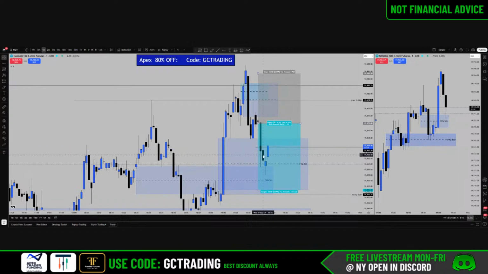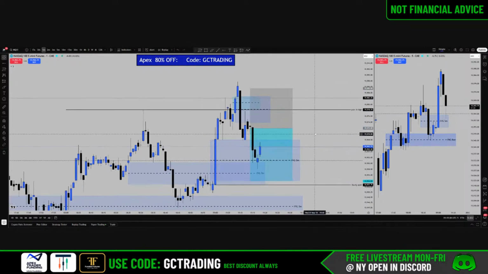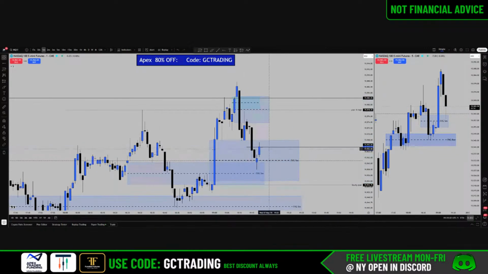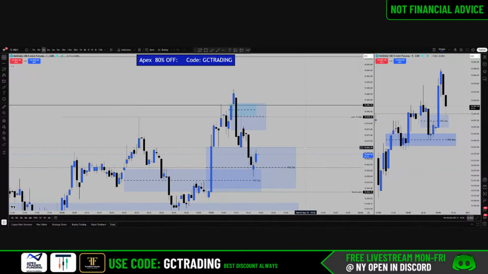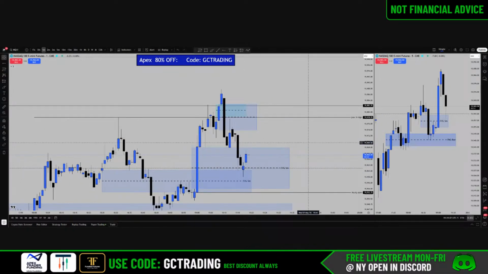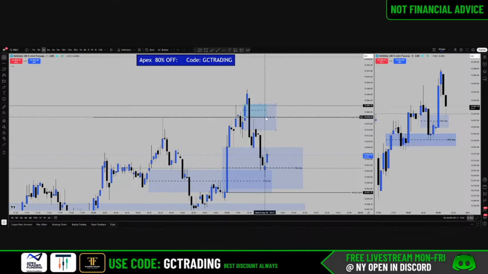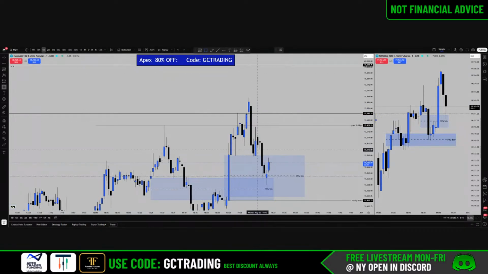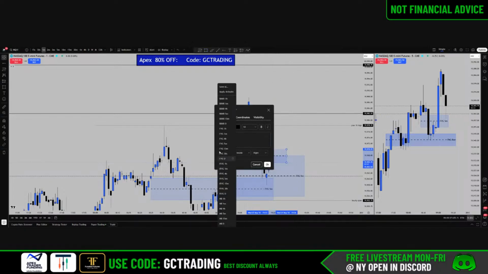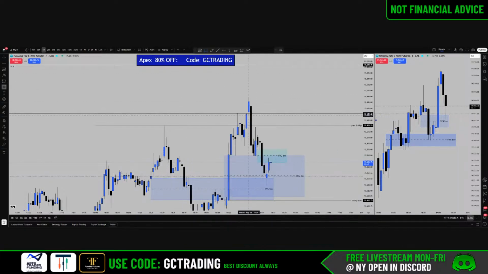All right, out there on that for just a tiny bit of profit. Yeah, so we are bouncing off that BPR right here. We do have this 1 minute gap right here, and another 1 minute gap up here.